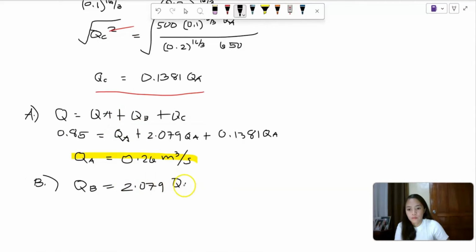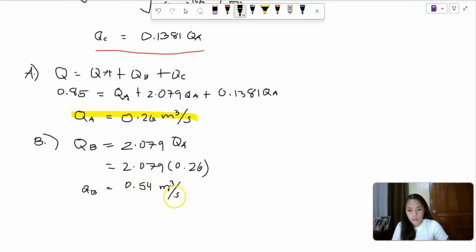So Q sub B is equal to 0.54 cubic meters per second.